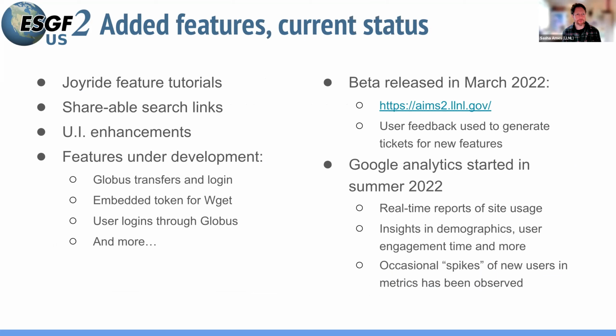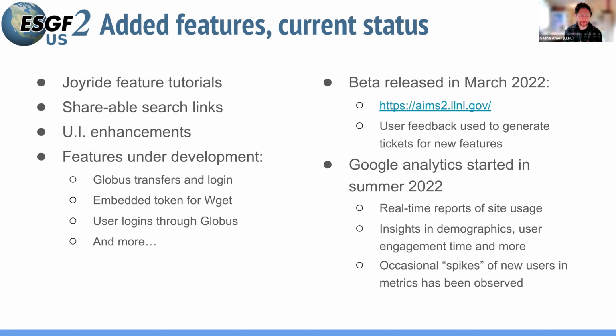On to some of the more recently added features over the last year or so, since this project has been going on about 3 years since its conception and initial design phase started in 2020. We added a tutorial based on Joyride to walk a user through the process.